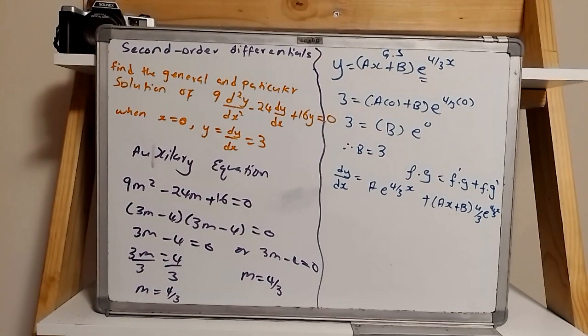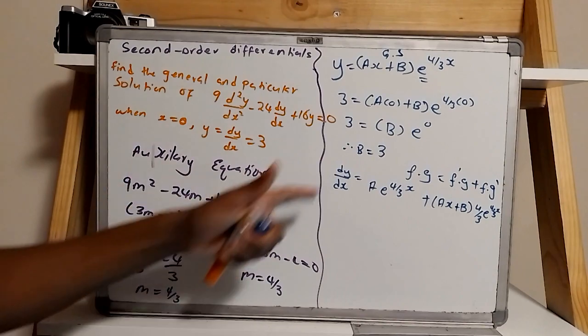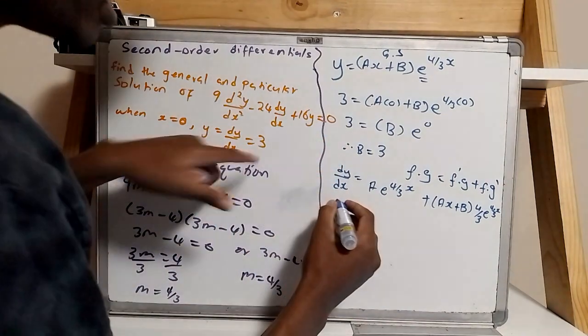Now, remember, we got the value of b. We are also told that dy over dx is 3, so I can substitute 3.